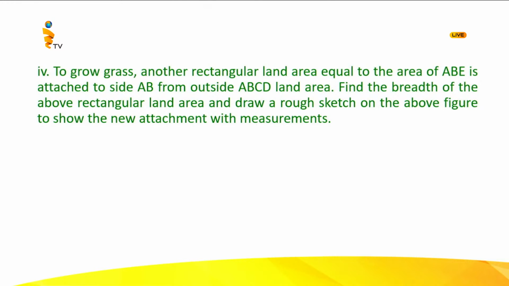Before we draw the sketch, we have to find the width of the new rectangle. You can find the width by dividing the area, 336 square meters, by the length of the rectangle. We know the length because we are going to use AB as one side. So when you divide 336 by 48, the width will be 7.